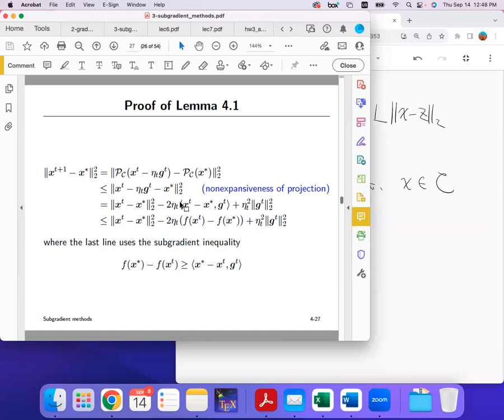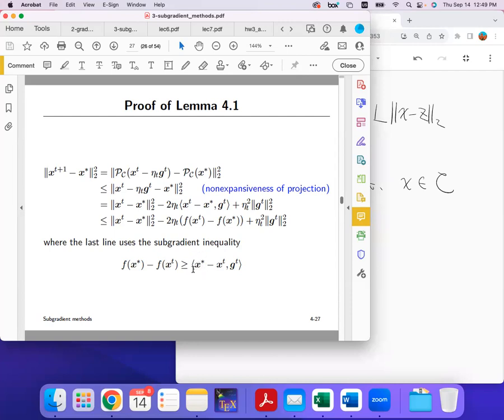Now, for this cross product term, we simply utilize the subgradient inequality. Why? Because in the algorithm, g_t is a subgradient of f at x_t. Therefore, for any z, this inequality holds by the definition of subgradient.